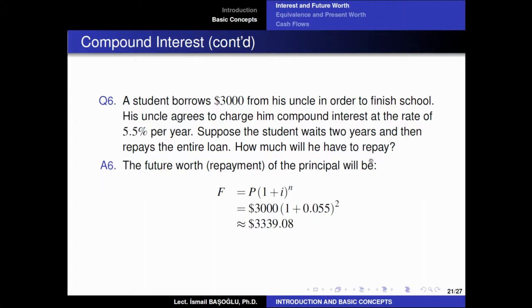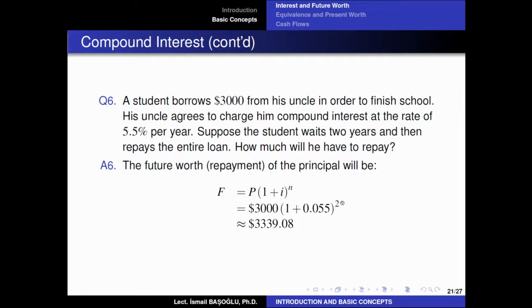Now, this time, we are not going to use the simple interest. We are going to use the compound interest formulation, which is the principal amount multiplied with (1 + I) to the power n, where I is the yearly interest rate as decimal, and n is the number of interest periods.